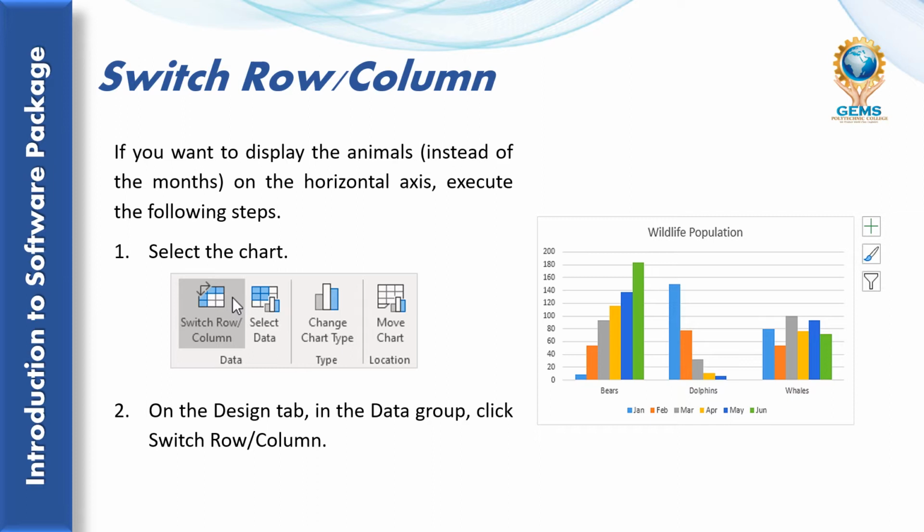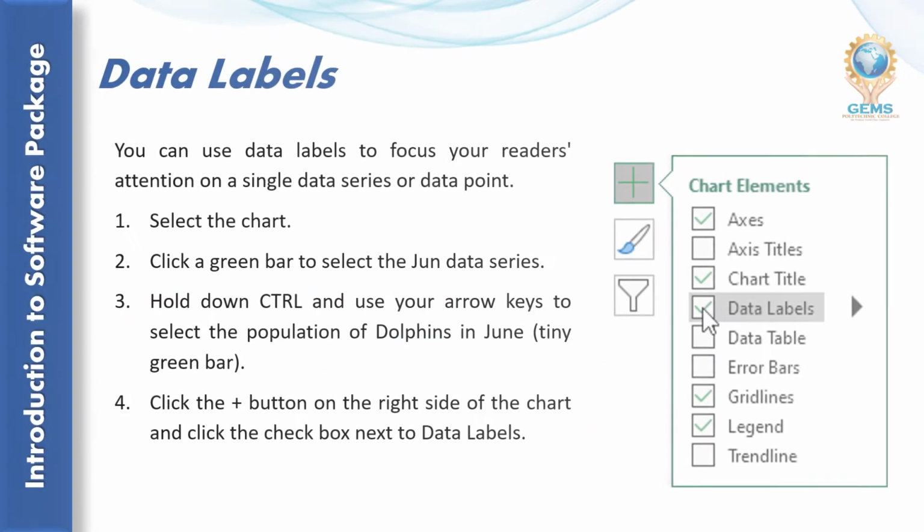First select the chart, and on the Design tab in the Data group you can select Switch Row/Column. So this is the output of switch row or column.